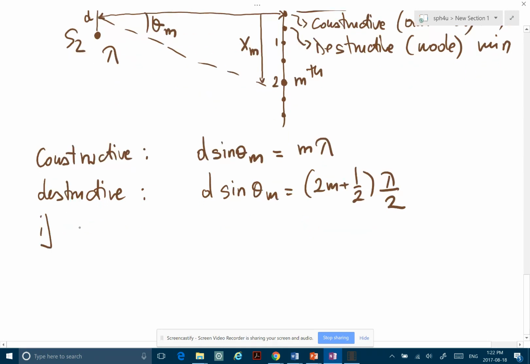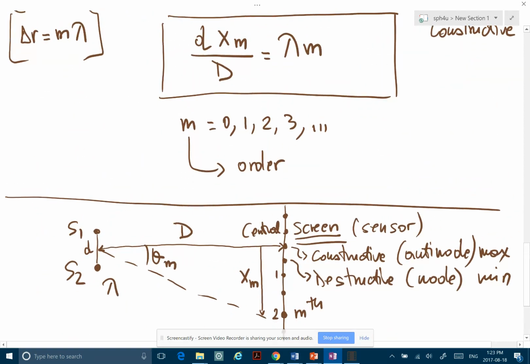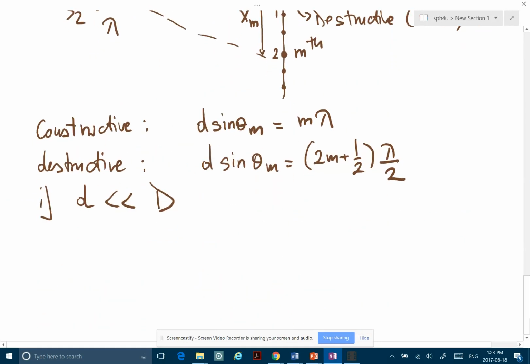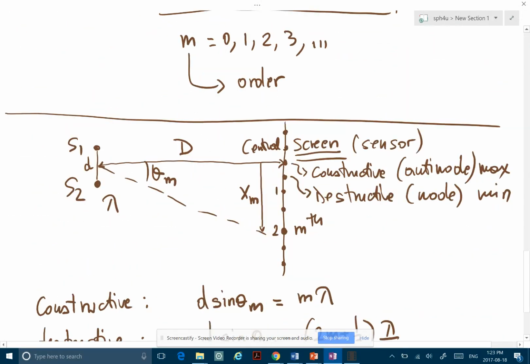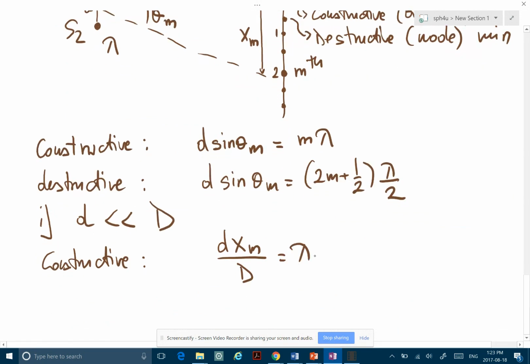If d is a lot less than D, then we have this equation here for constructive: d x_m over D is equal to m lambda.